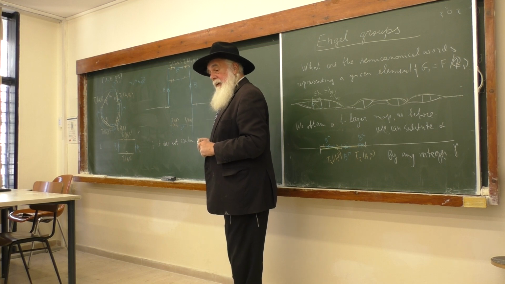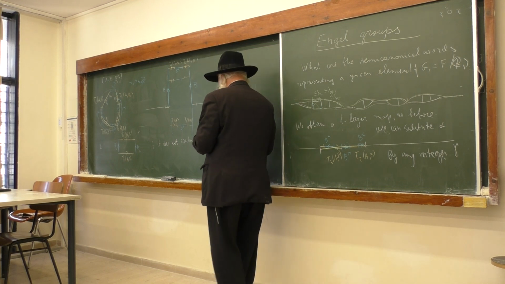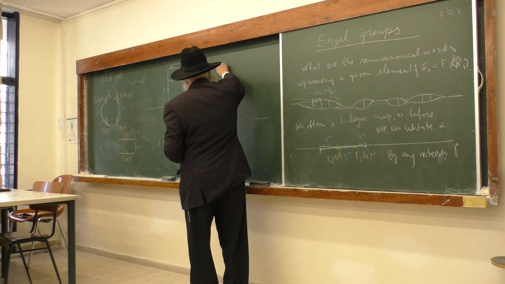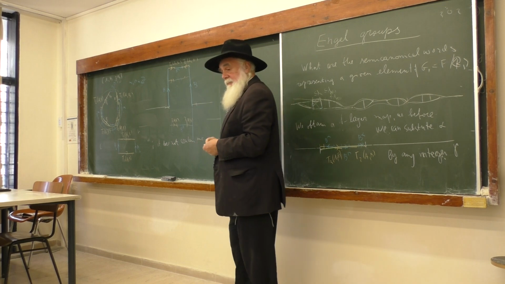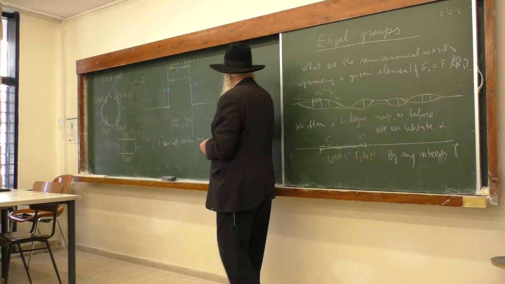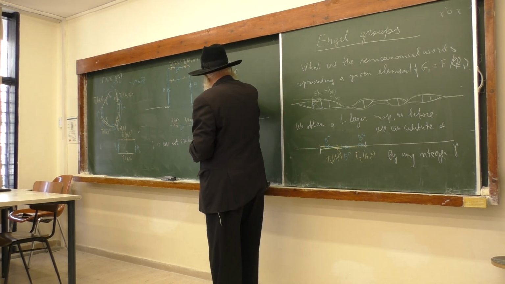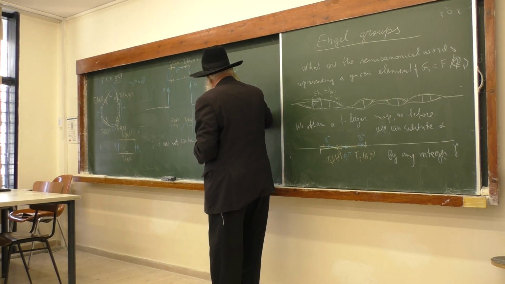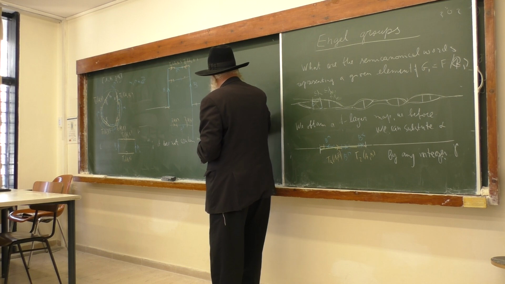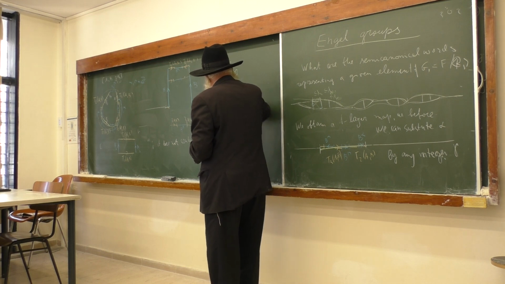But it could be that this corresponds to the relator A1b, and this corresponds to the relator A2b, with the same b, but with different a's. Then we have here a power of b. This word will be trivial, then it will be also this, they will come together.